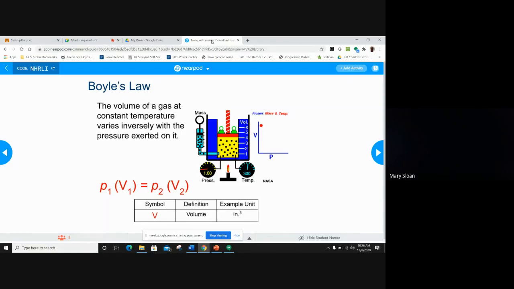So let's see what we got. Let's go 748 times 22.5. What do we get? 16,830.